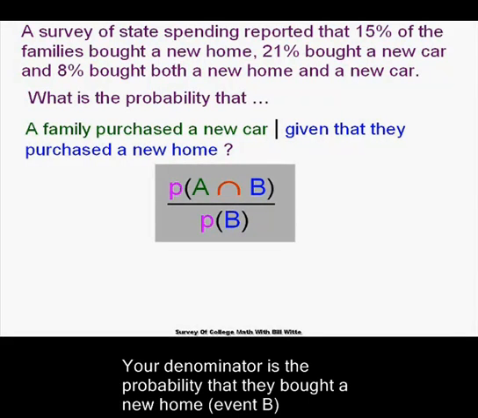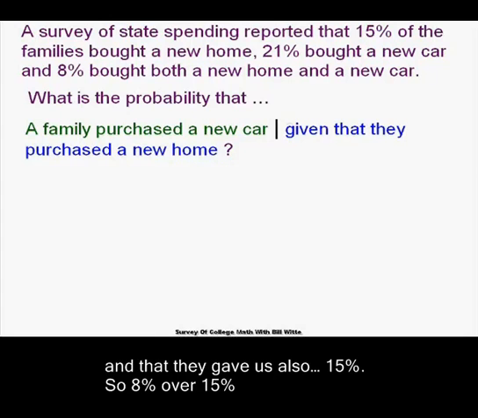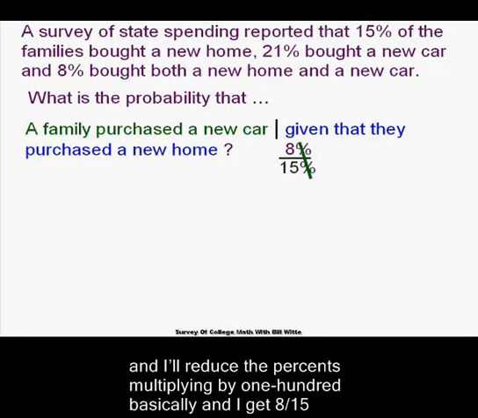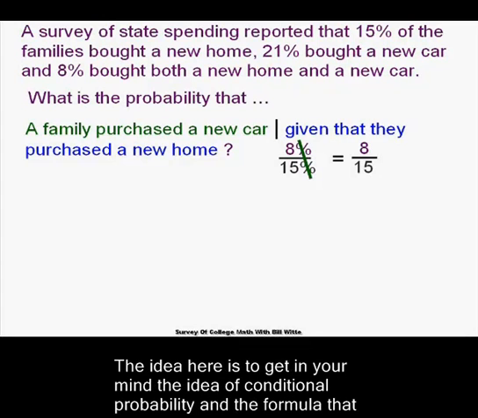Your denominator is the probability that they bought B, the probability that they bought a new home, and they gave us 15%. So 8% over 15%. I'll reduce the percents by multiplying by 100 basically, and I've got 8/15. Okay? Let's do another one.